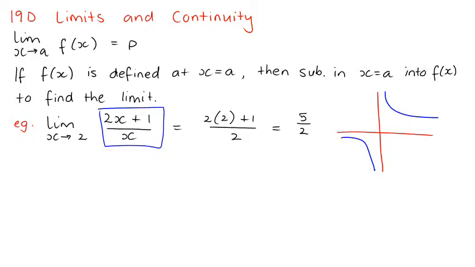So we see this is x equals 2, this is 2, this is 3. That's roughly what the graph looks like. As we get closer to here, the line approaches 2.5. So as the x value approaches 2, our y value approaches 2.5. That's all we're saying. Okay.